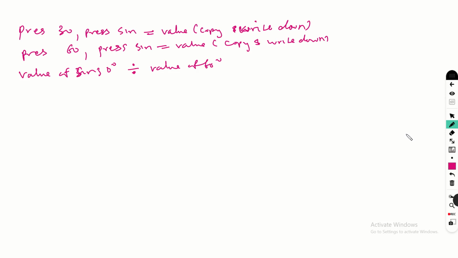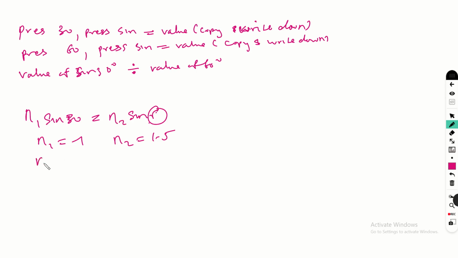Now, the next thing they can ask you is, if you have the refractive index, n1 sine theta, n1 sine 30 is equal to n2 sine r. Now they're asking you to look for r, right? And n1 is 1, n2 is 1.5, for example. For you to look for this r, you have to make sine r the subject of the formula. So n1 sine 30 is equal to n2 sine r.